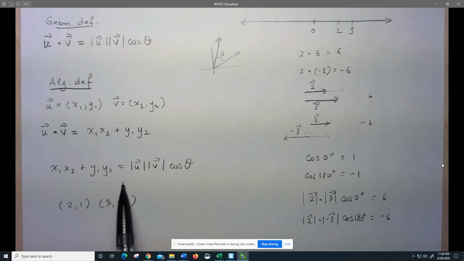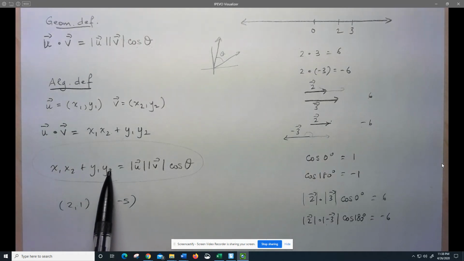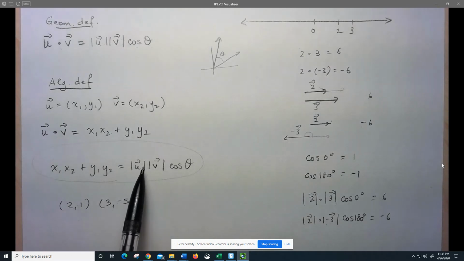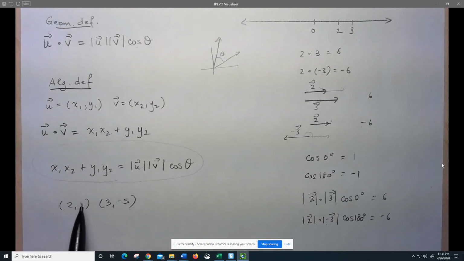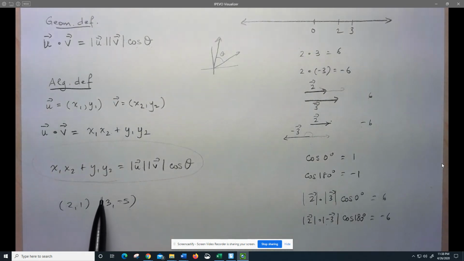I can now use these two definitions of the dot product being equated to, well, hey, x1 times x2 plus y1 times y2. That's something easy to calculate. The magnitudes, bit of work, but easy to calculate. I can now use the dot product to find the angle between any two vectors.